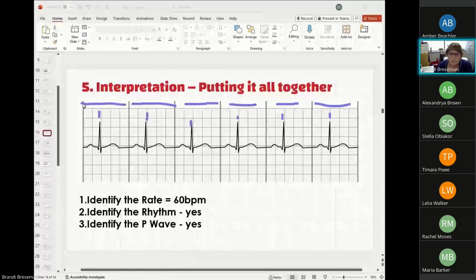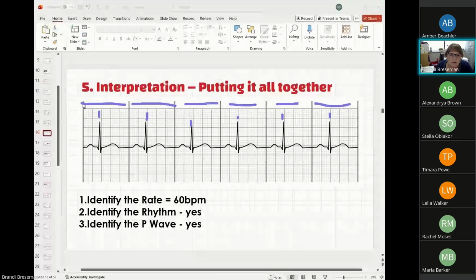Is our rhythm regular? So this is where, if you don't have calipers, I would hold my paper up there and I would mark it. But just by looking at it, it looks regular to me. If nothing else, you can see like every QRS is almost exactly in the same spot from the 60-second mark. Do you guys see what I'm talking about?